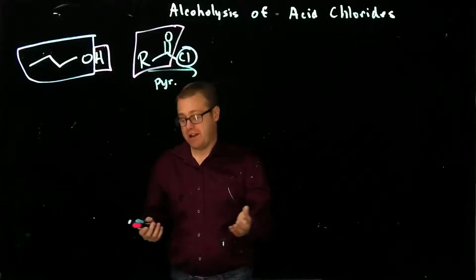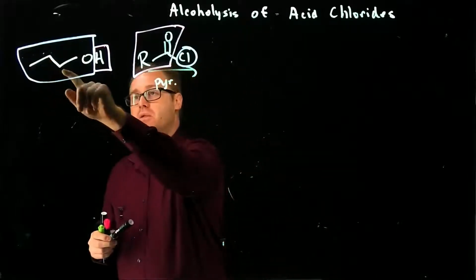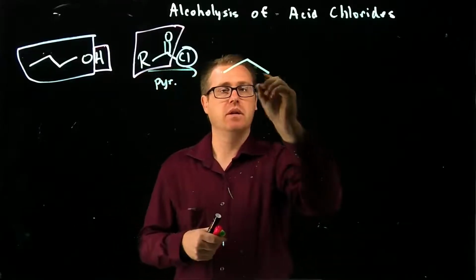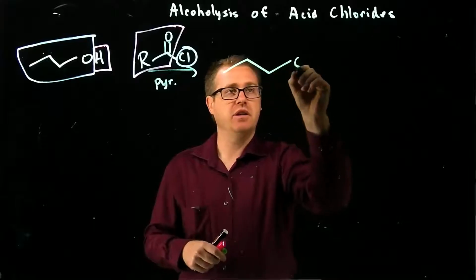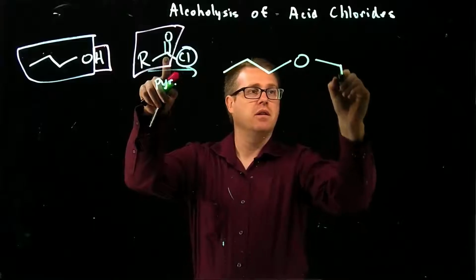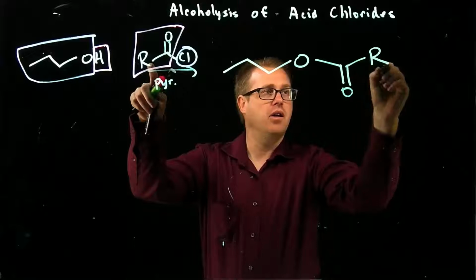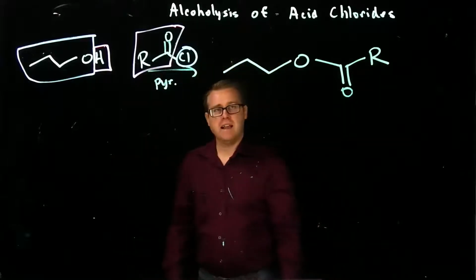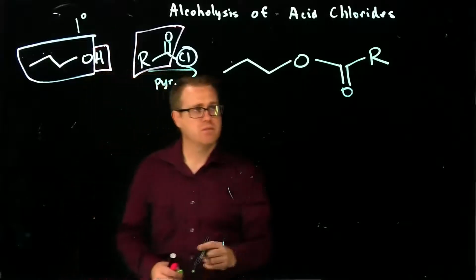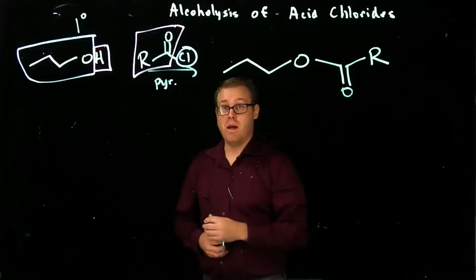Doesn't matter how you look at it, as long as you can see that we have 1, 2, 3 carbons there, 1, 2, 3 attached to an oxygen, and then that oxygen is going to form a bond with that carbonyl, and then the R. So that is the alcoholysis of a primary alcohol. And that process goes very, very well.